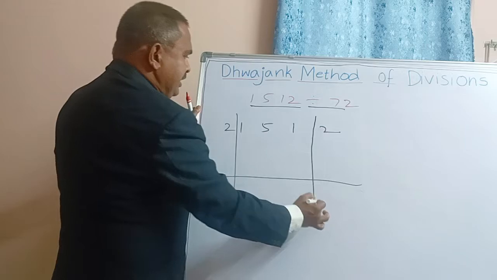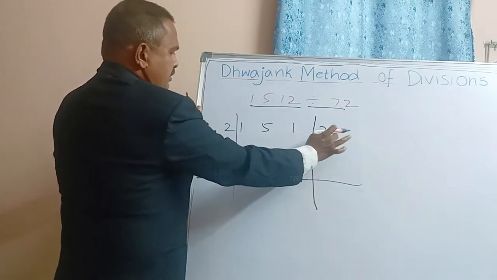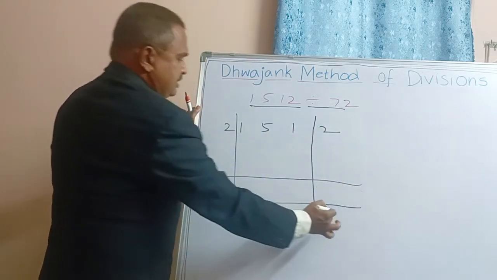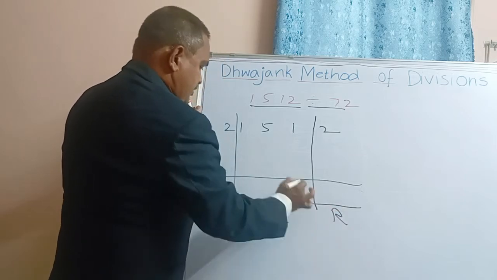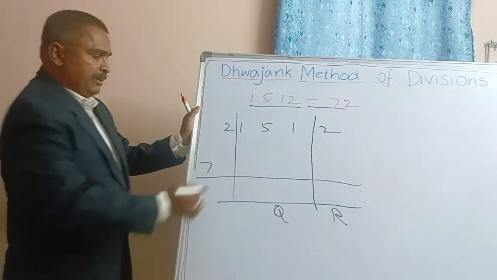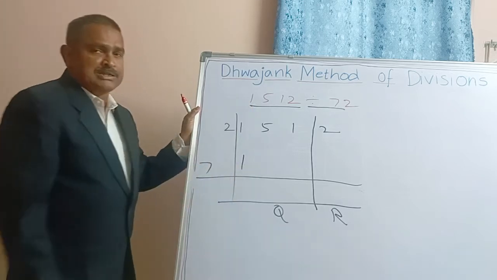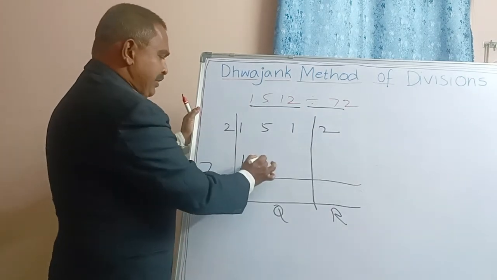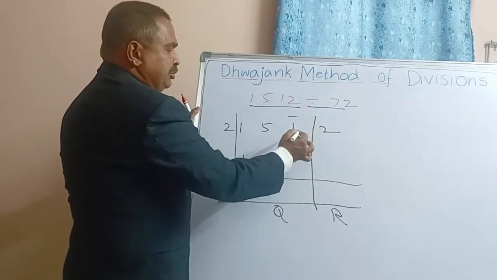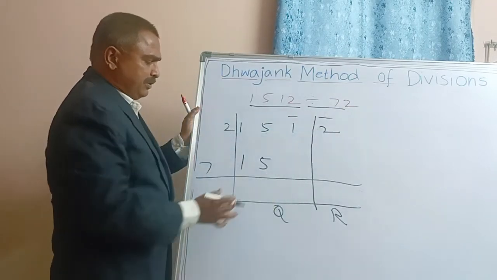Just draw a line here. This is the remainder box. This is the quotient box. Bring down 1. 1 cannot be divided by 7. So bring down 5 also. This will be the next part and this will be the next part.